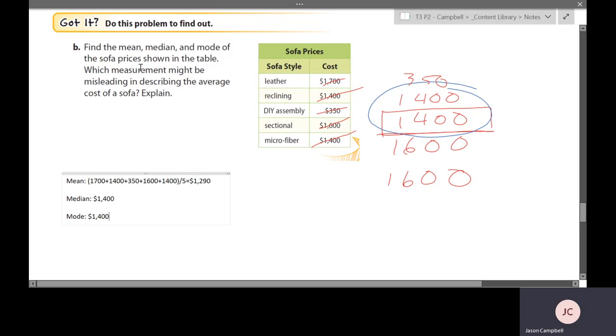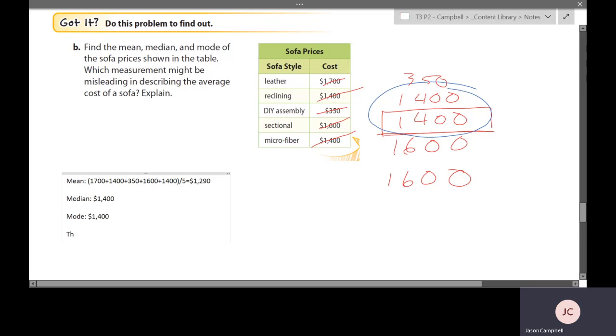It says, which measurement might be misleading in describing the average cost of a sofa? Well, probably the mean, because the mean is being weighed down so heavily by the do-it-yourself, where most of these items are $1,400 or more. It would be misleading to say that the average is 1,290.